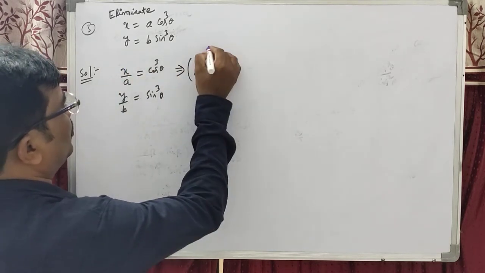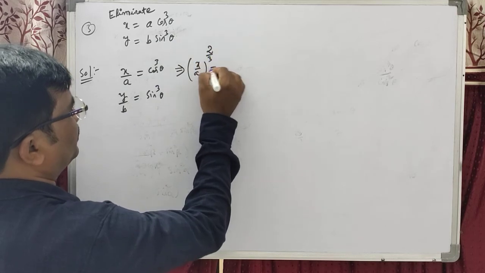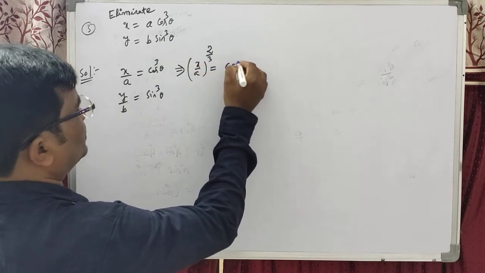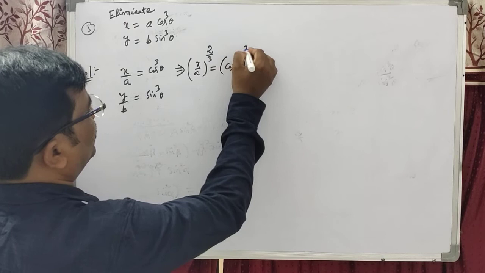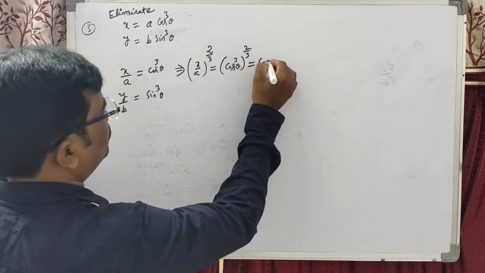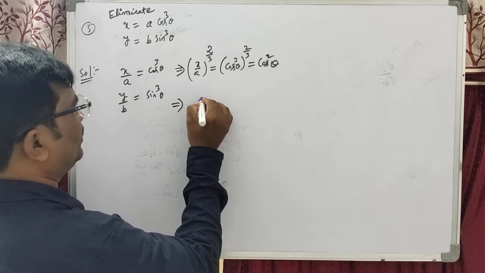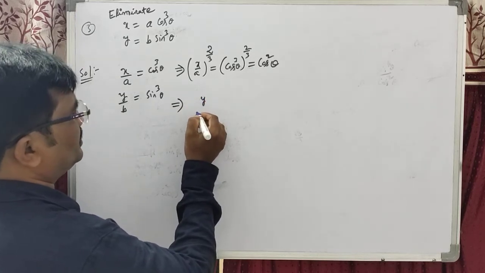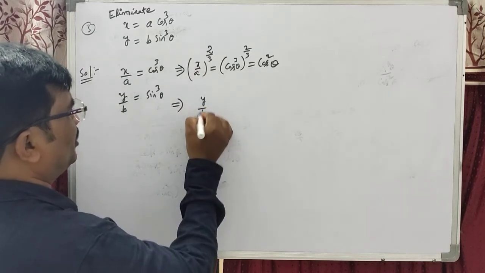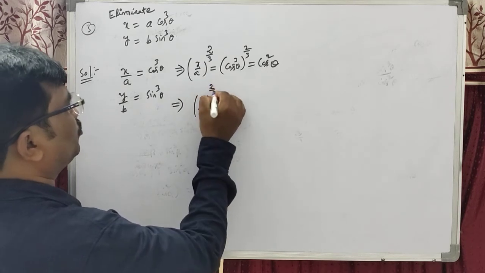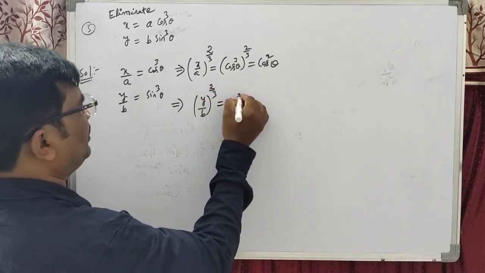X by a whole power 2 by 3, this is cos cube theta whole power 2 by 3, equal to cos square theta. Similarly, we can write y by b whole power 2 by 3, we got sin square theta.